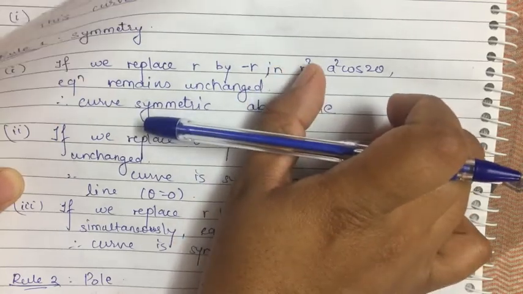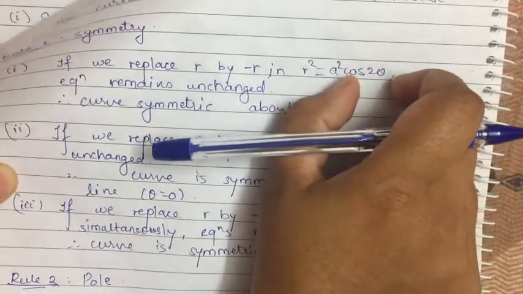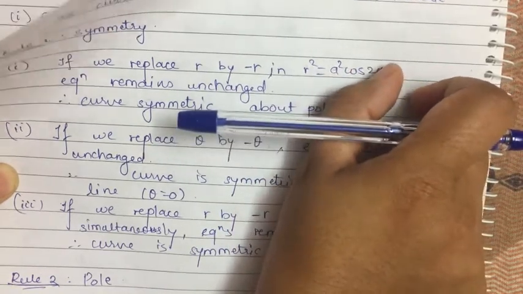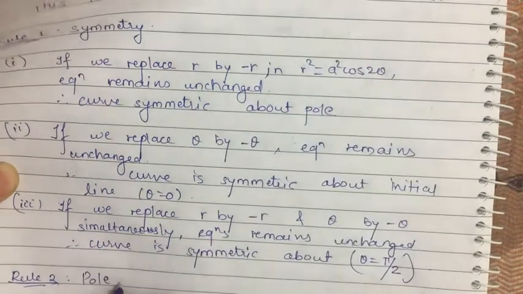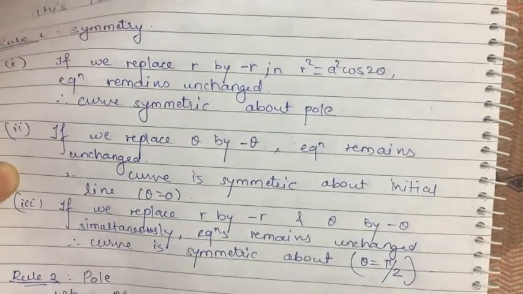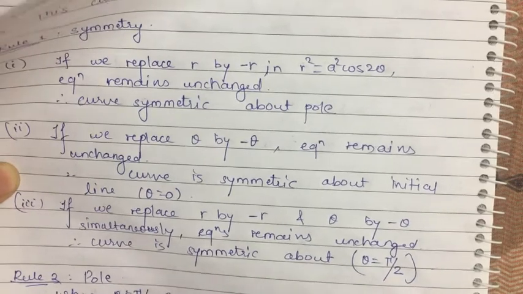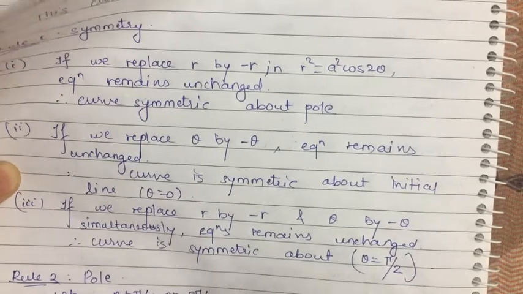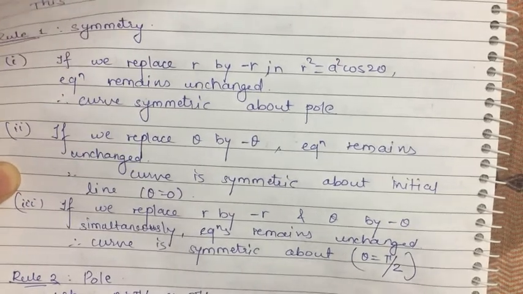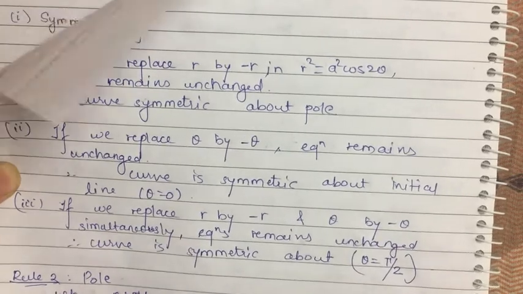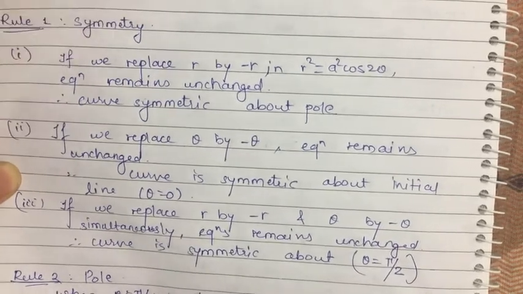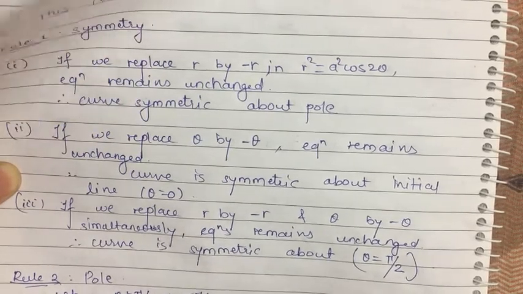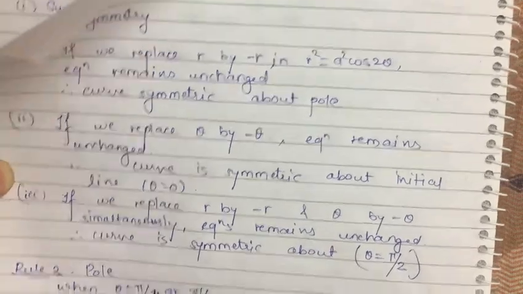Now see, r will be 0 when cos 2 theta will be 0, when 2 theta will be pi by 2, that is when theta is equal to pi by 4 or 3 pi by 4, r becomes 0. Therefore the curve passes through the pole. Okay, now this is rule 2.